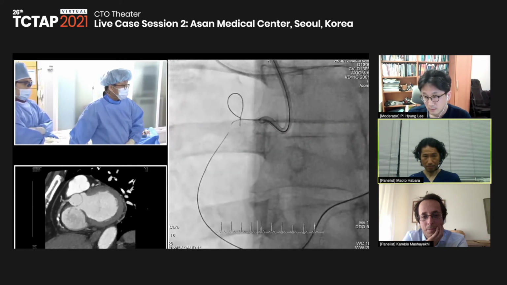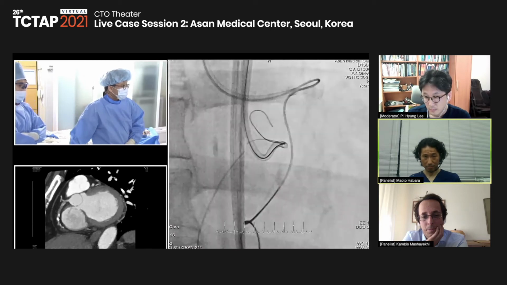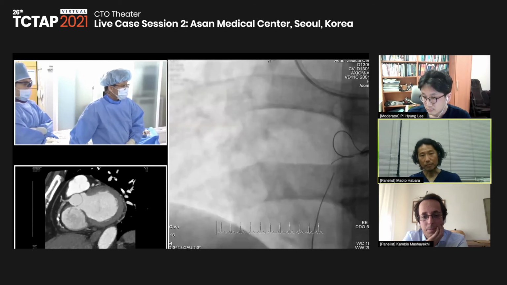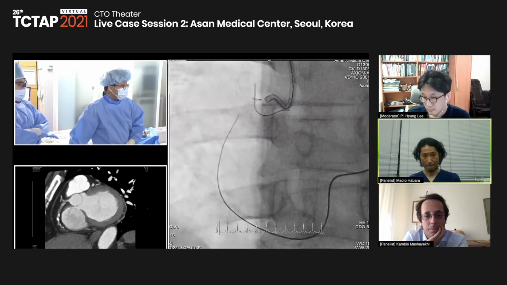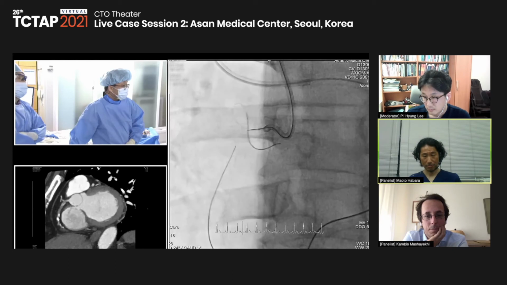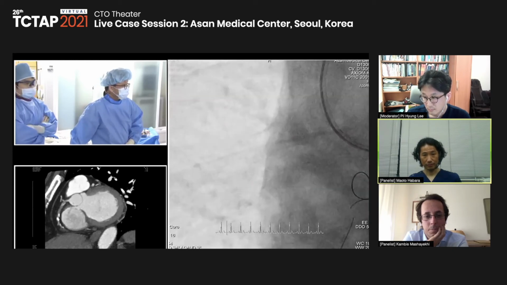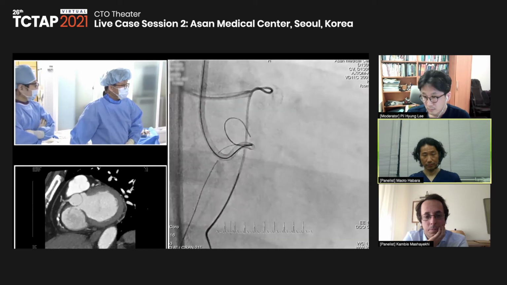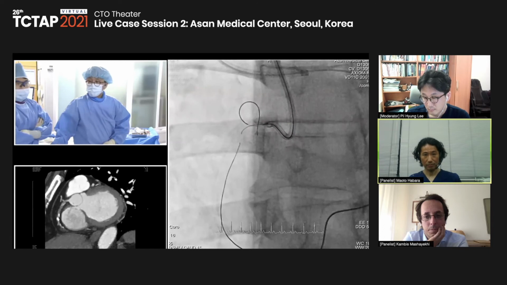The advancement was done like this, but yeah. But actually, I tried to confirm the position of the wire through the IVUS. Can we see the IVUS here?